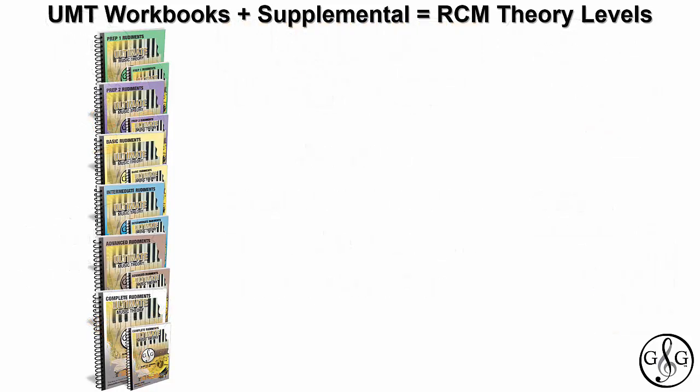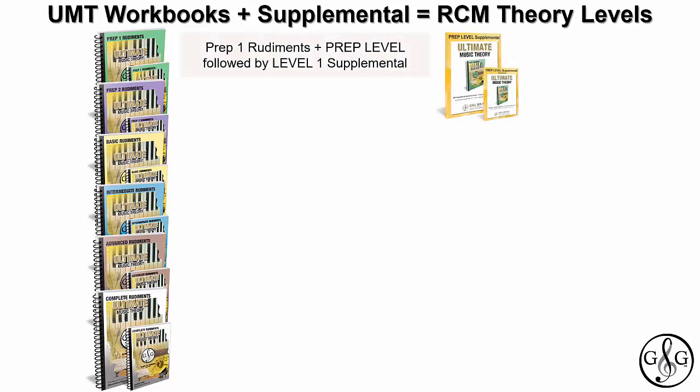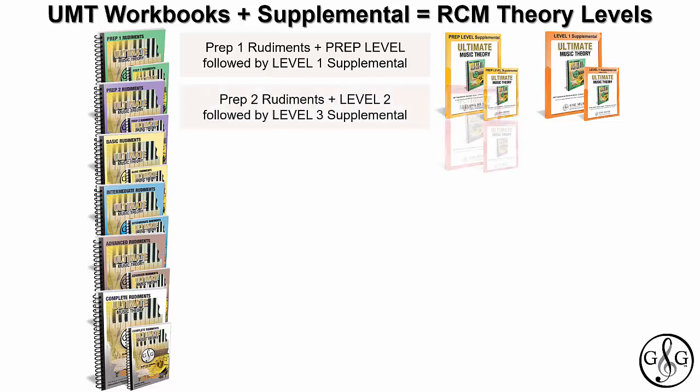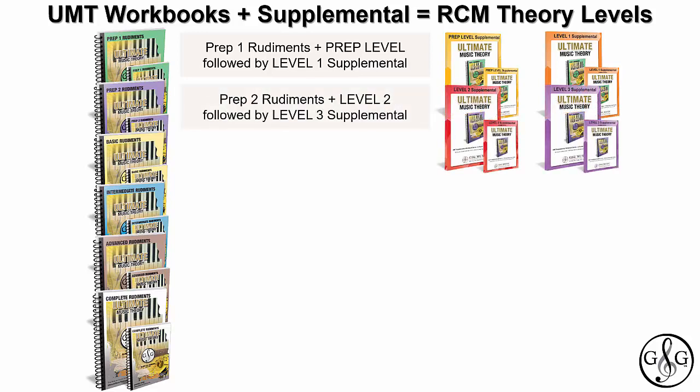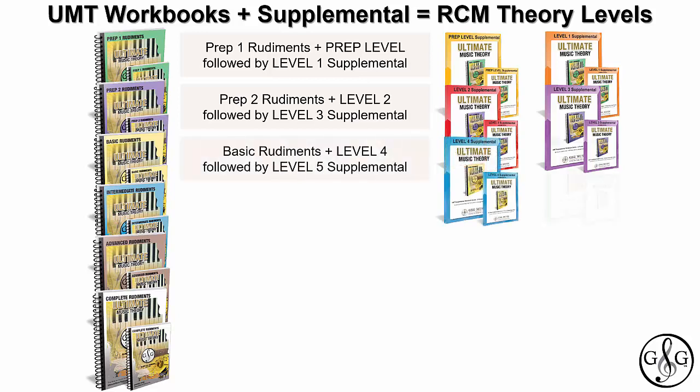Now, the UMT workbooks plus the UMT supplemental workbooks equal the RCM theory levels. So to date, and if you've been with us on all the webinars or have followed along on the Teach the UMT Supplemental series, we have covered Prep 1 as used with the Prep level followed by Level 1, Prep 2 as used with Level 2 followed by Level 3, Basic as used with Level 4, and today of course we're doing Level 5 in the Supplemental Workbook.